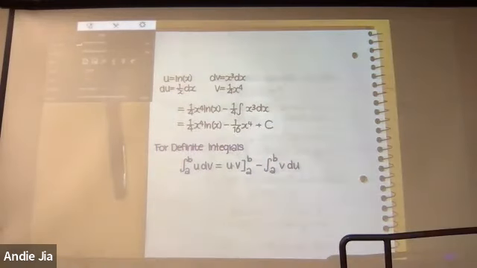This is how we do the definite integrals. And note that we don't need to do u substitution in this case when doing u, v and du, but in later integration we will use it.